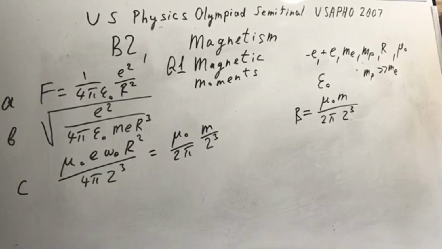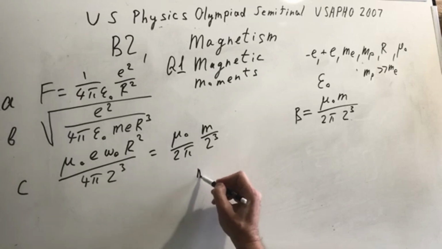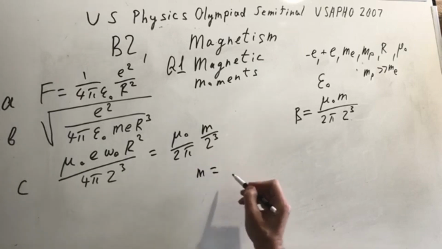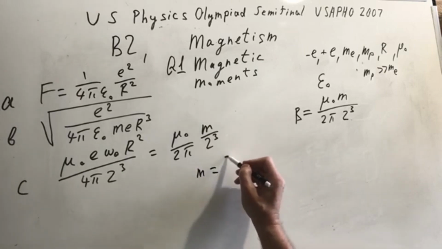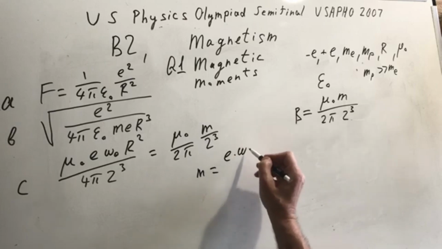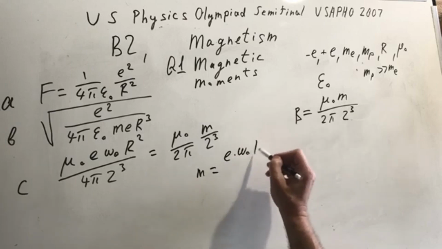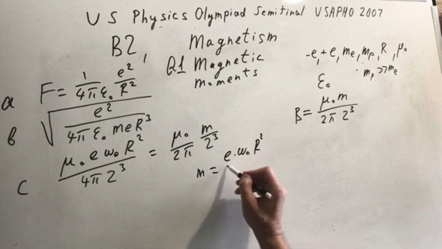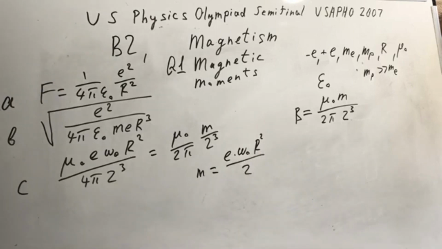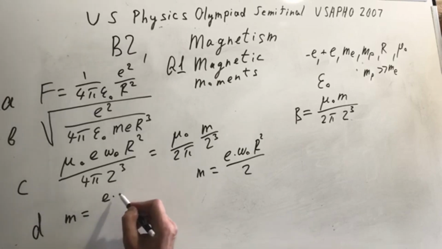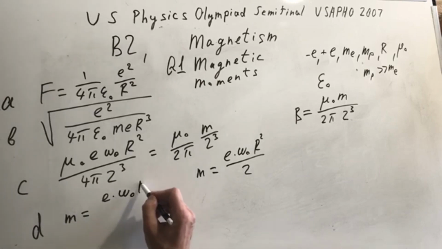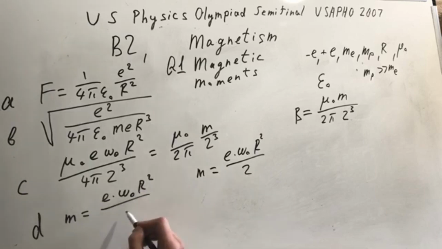And when we compare these two formulas, we see that the magnetic moment equals the charge of the electron multiplied by omega 0 r square over 2. So that's the answer for part D. M equals e omega 0 r square over 2.